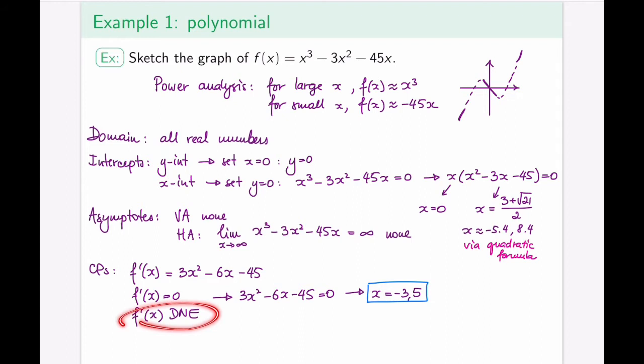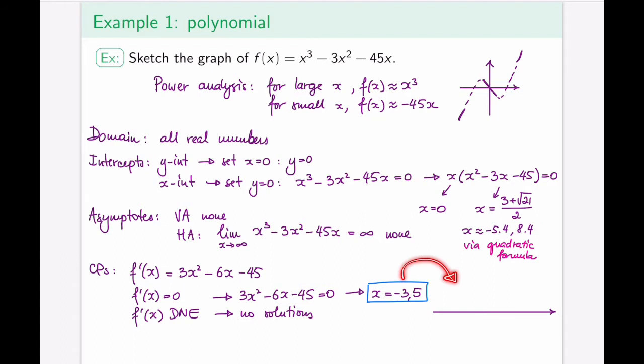Now, for the derivative not existing, the derivative here is a polynomial, which means that the domain of it is all real numbers. So this will produce no solutions whatsoever. Now that I have my first derivative and the critical points, I will construct a number line to analyze the behavior of the derivative and the function in the regions created by the critical points.